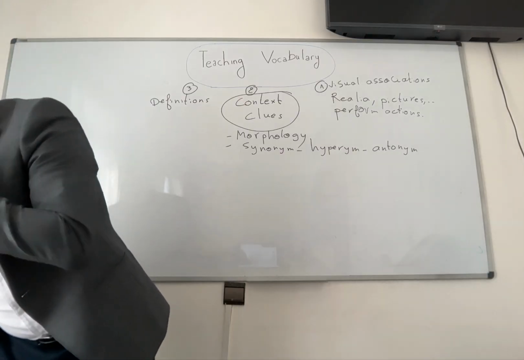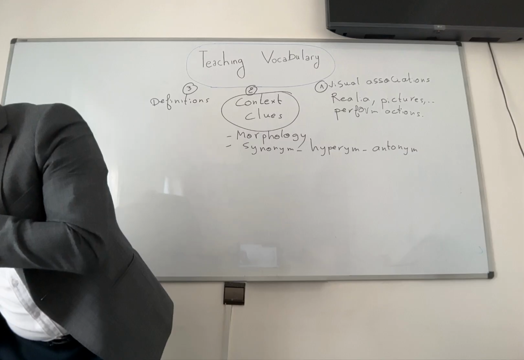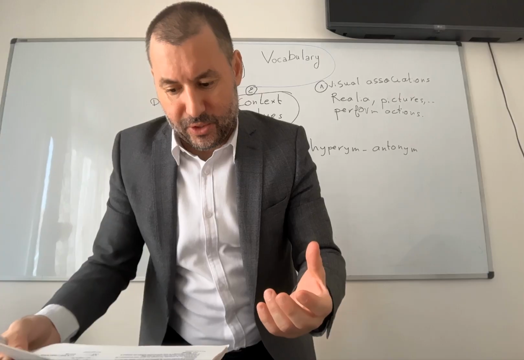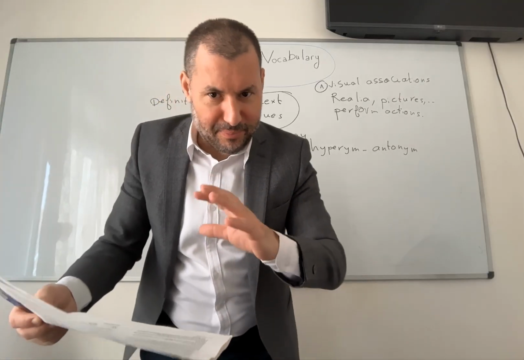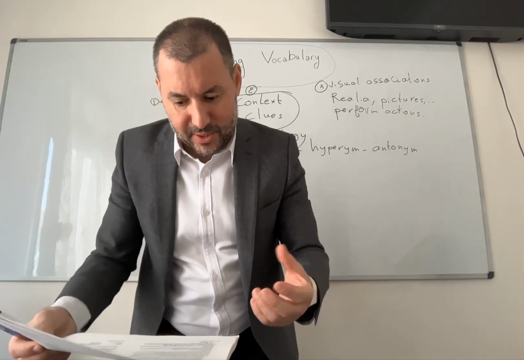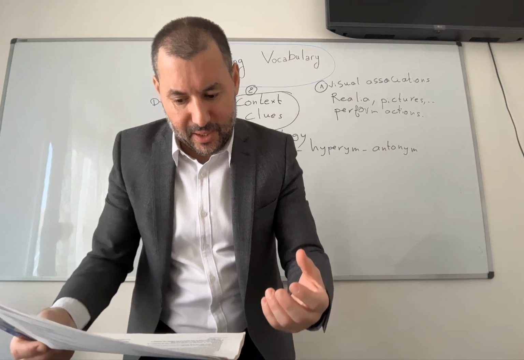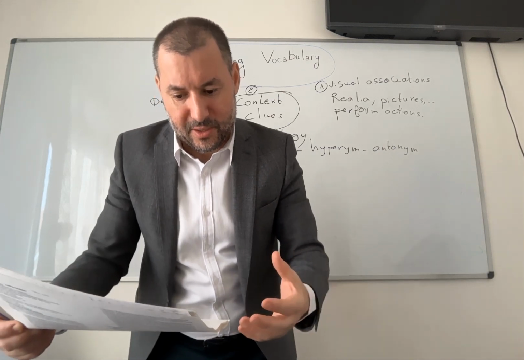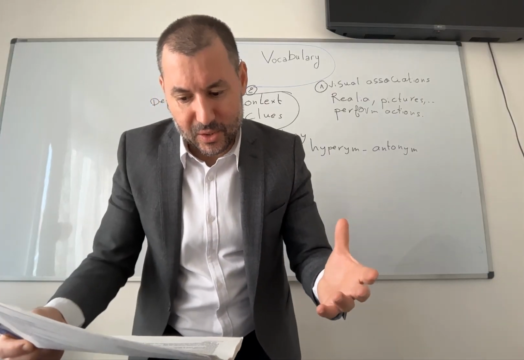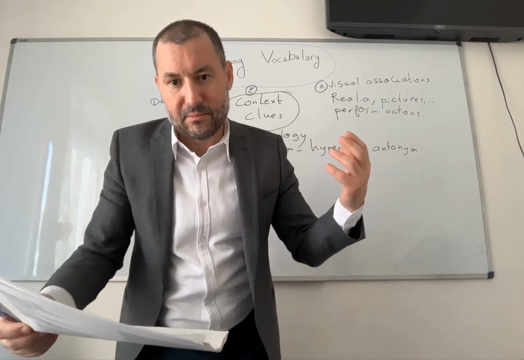So, talking about definition, when students have adequate language, because if the students are beginners, maybe they don't have enough language. But when students have adequate language to understand a longer explanation, and when the concept is too complicated to be explained, for example, through a synonym, then you can go for a definition.